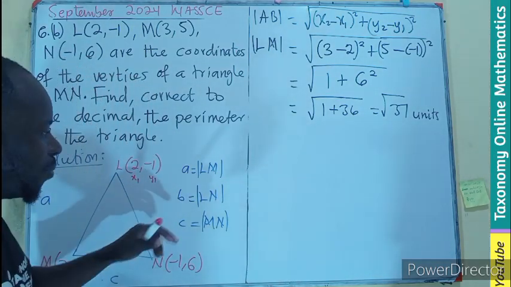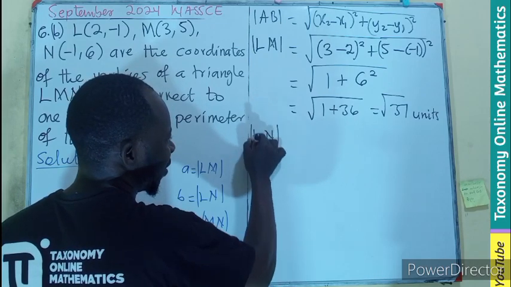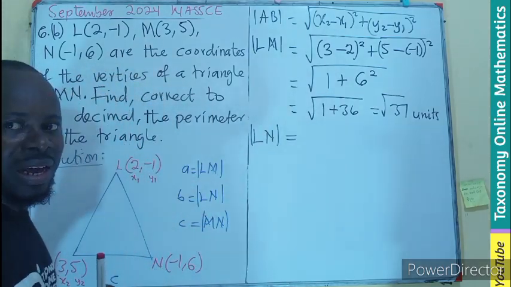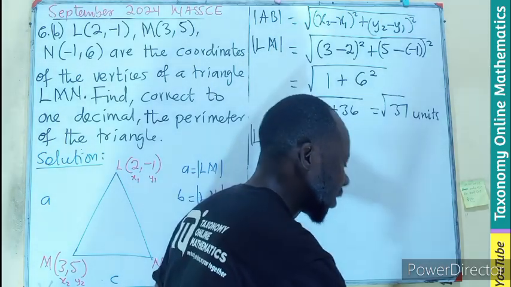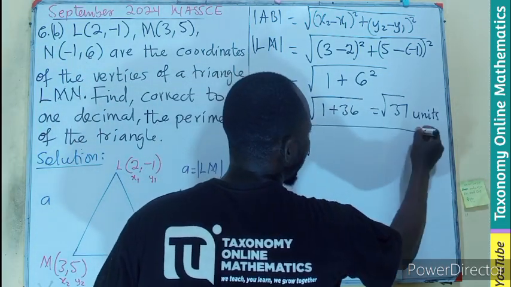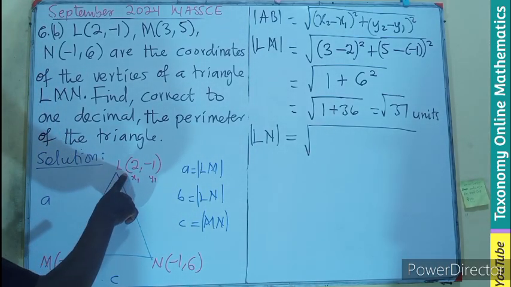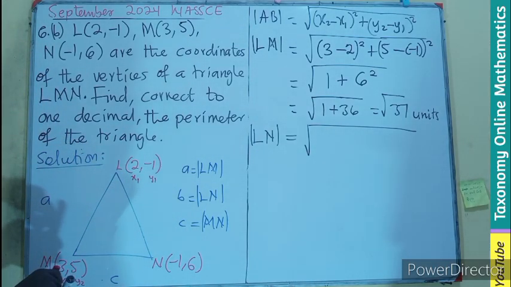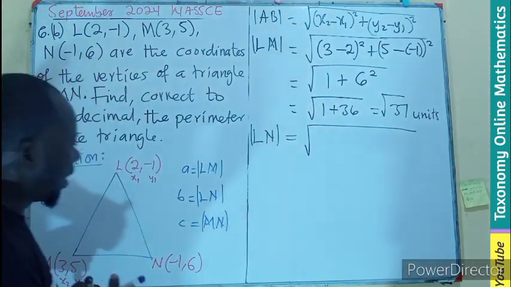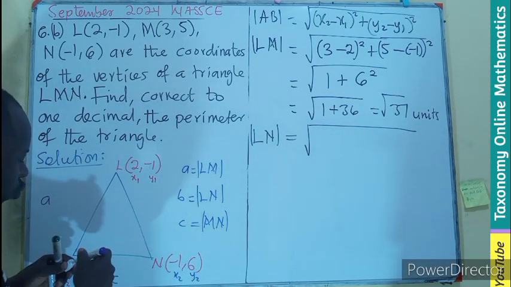So let's go for B, which will be L and N. It's the same formula we are using, so let's keep the formula in mind. I still have the square root of, and which one are we picking first? We are picking L before N. So this will mean x1, y1, x2, y2.